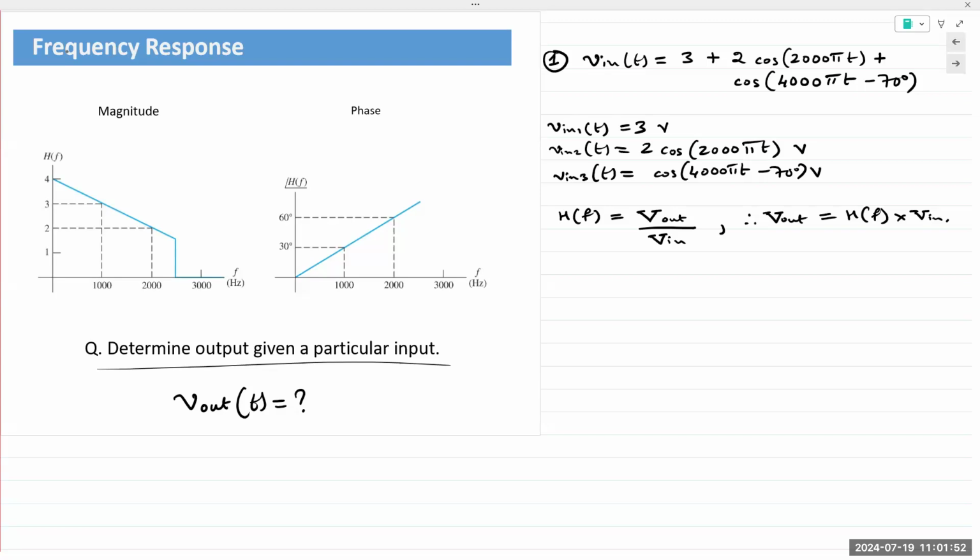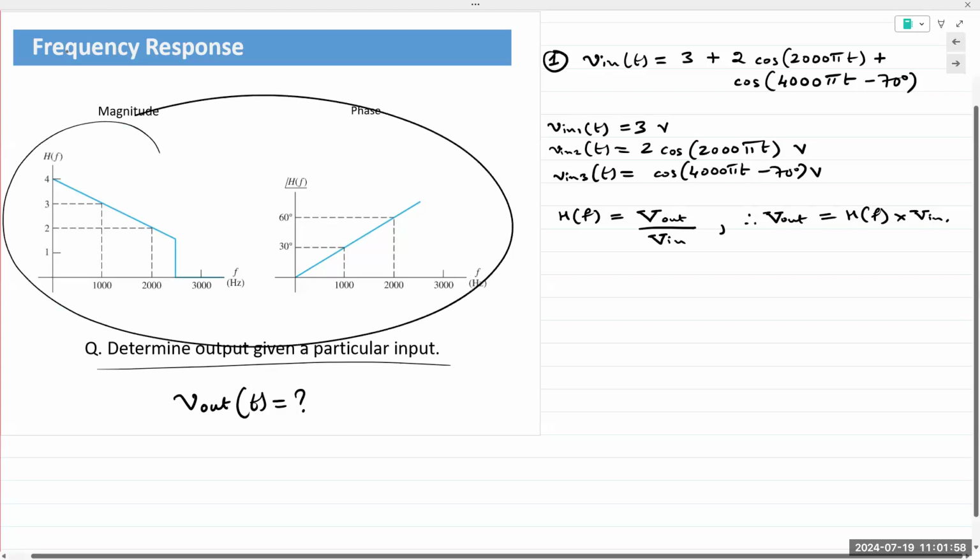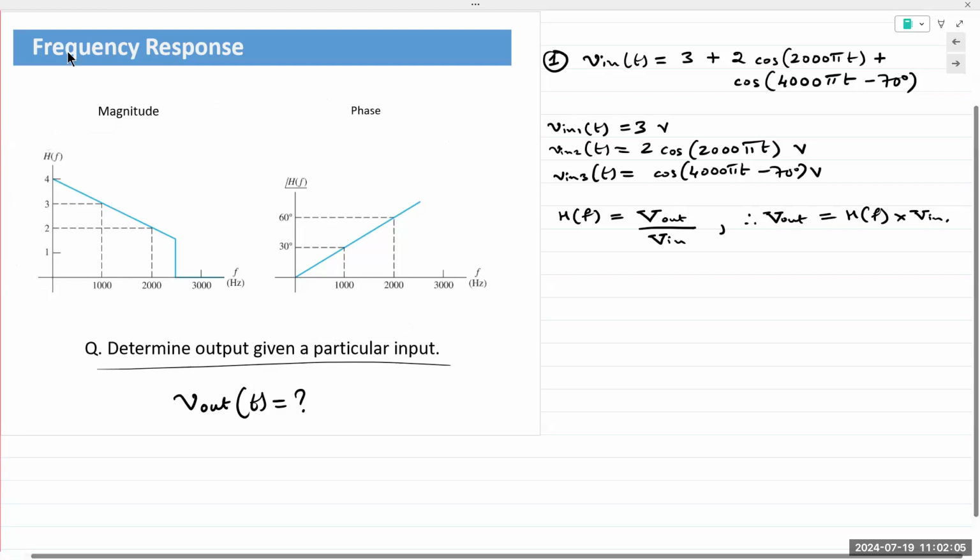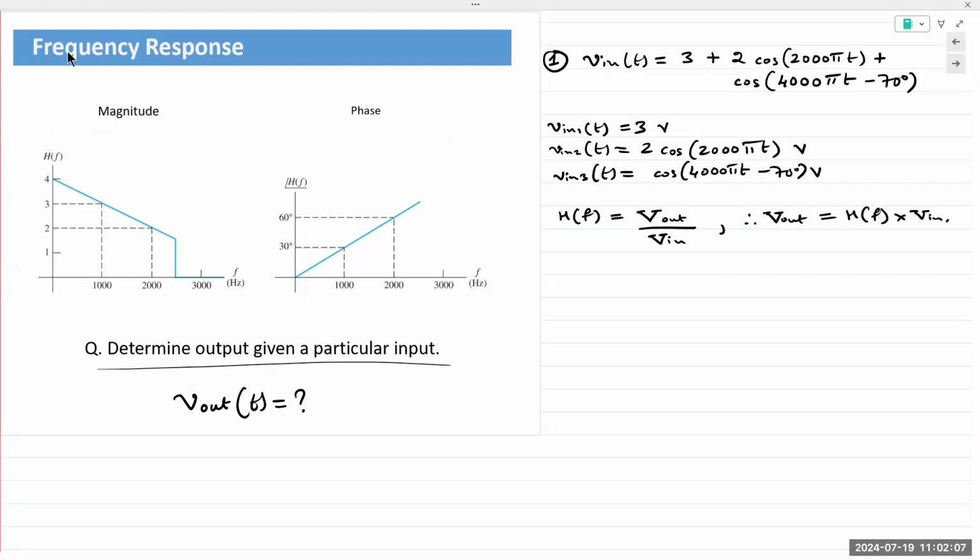So H of F is known to us. It is given in graphical form. And so we'll write out the transfer function for each one of these input frequencies based on these charts. And then we simply multiply it with the input, and we can obtain our output. Does that make sense to everyone?